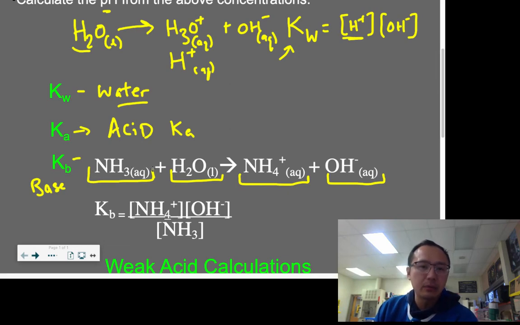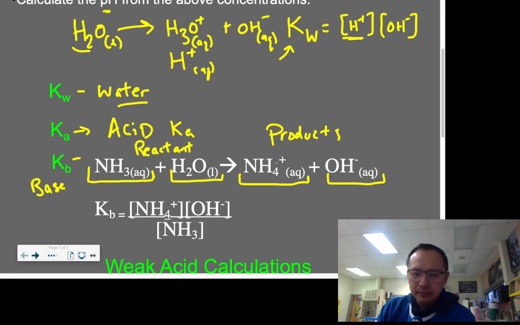That means that whenever you write your equilibrium expression, you're just really looking at the ratio of your products divided by your reactants, right? That's really what your K represents. So if you look at your products, you have the concentration of ammonium, so that's why we have square brackets, times the concentration of your hydroxide, and both of these are going to be divided by the reactants.